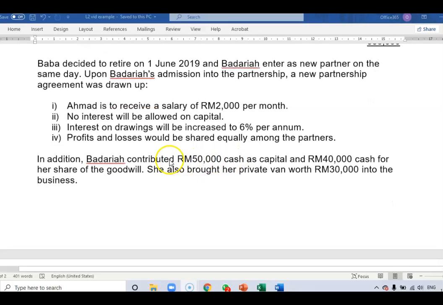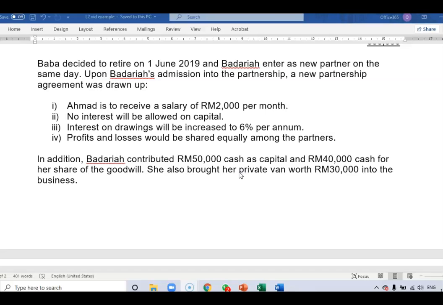Now in addition, Badaria contributed 50,000 of cash capital and 40,000 cash for her share of goodwill. So actually, Badaria gave the business 90,000, but you need to show the difference: the capital per se and the premium, or the share of goodwill, even though those are all cash given to the business.